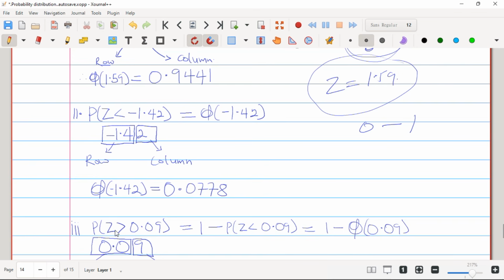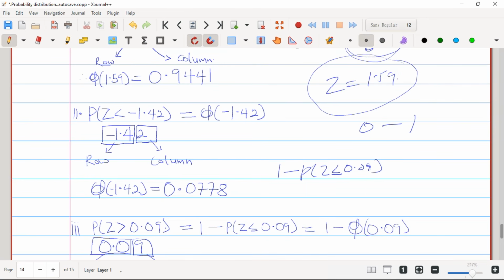The next question is, we should find the probability that our z is greater than 0.09. The probability that our z is greater than 0.09 can also be written as 1 minus the probability that our z is less than or equal to 0.09. We are calculating up to infinity.